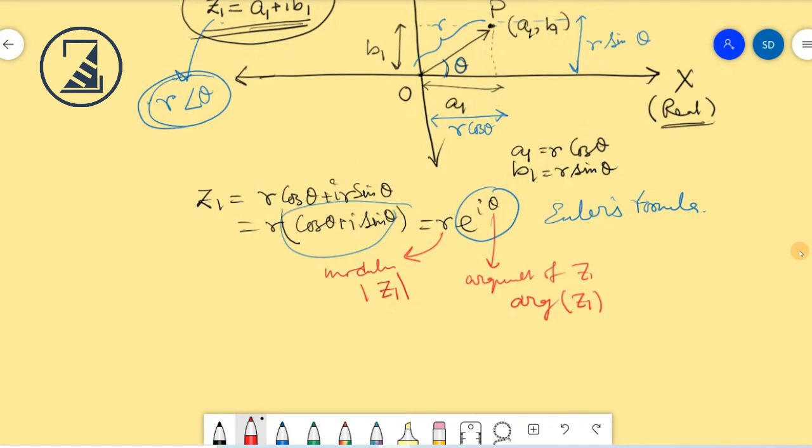And one thing to note is that the principal value of the argument of z1 lies between minus pi and pi.